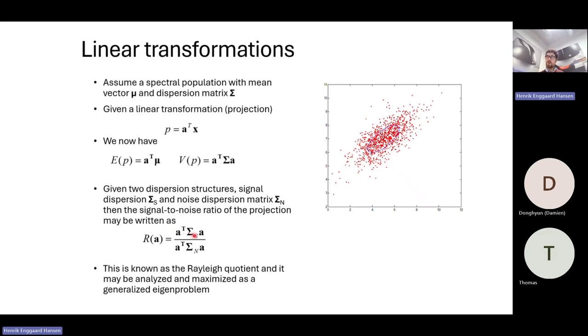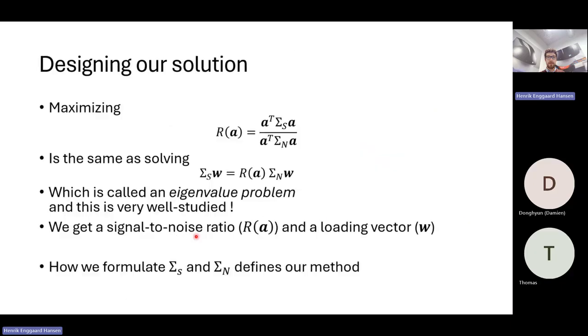When we have this expression, we can reformulate it into another problem that's easy to solve, but we have to start here to understand what kind of problem we're solving. To design our solution, we want to maximize the distinction between the signal and the noise, so we want R to be as big as possible.